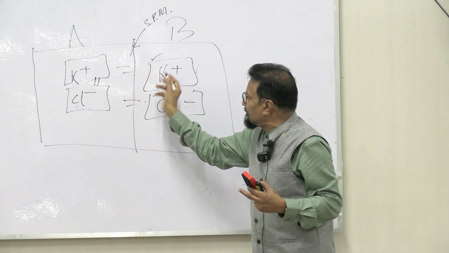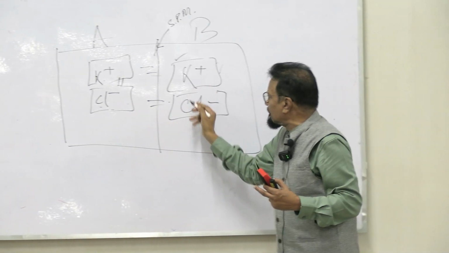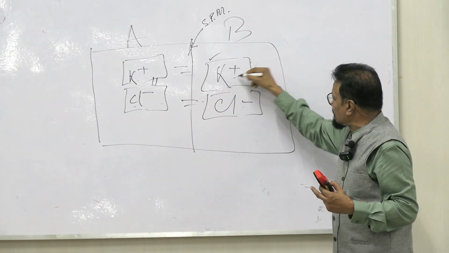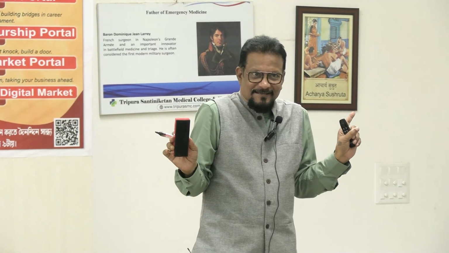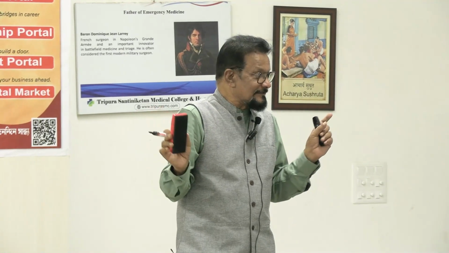Since the concentrations on both sides are equal, the charges will also be equal. So you see, ions are distributed equally on both sides, no difference in concentration or in charges.